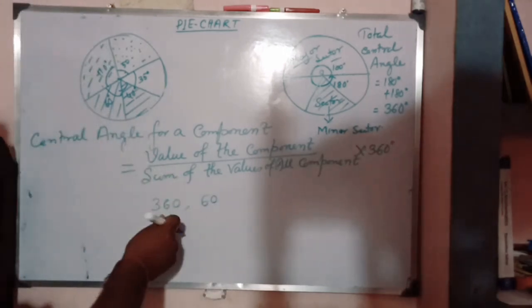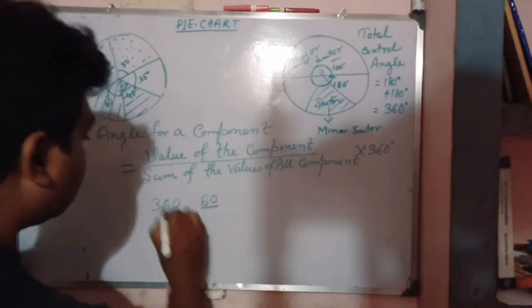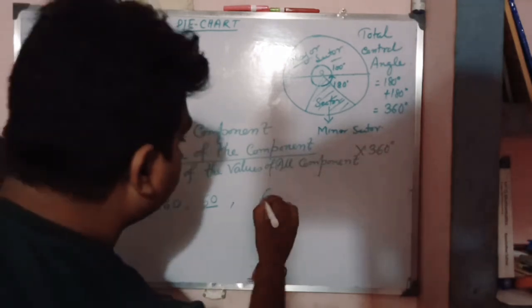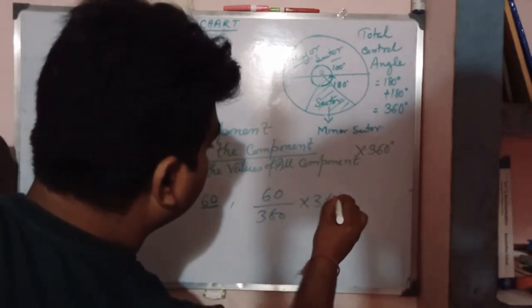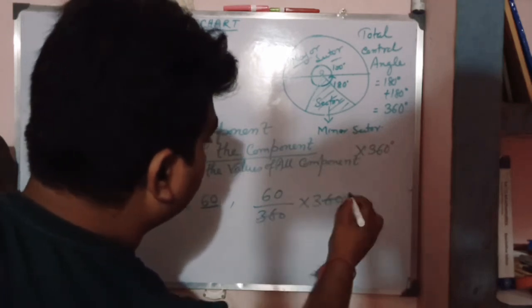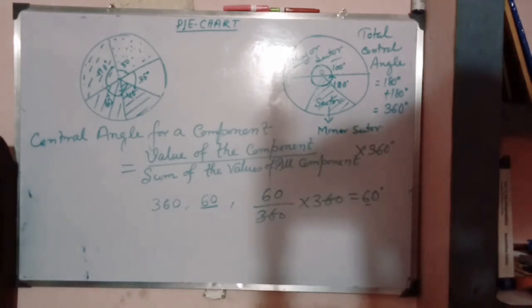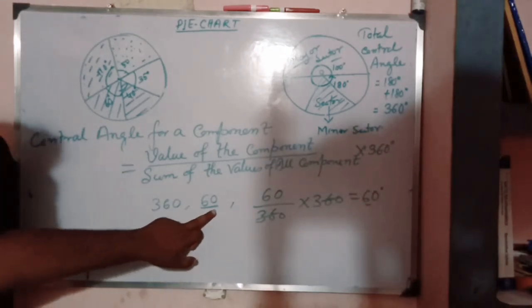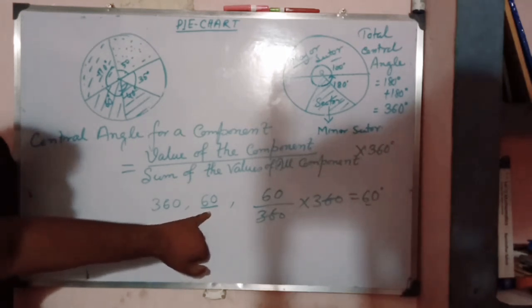So what is the central angle of this component? We draw 60 divided by 360 into 360, that is 60 degree. So we can draw 60 degree at the center of the circle for this component or data.